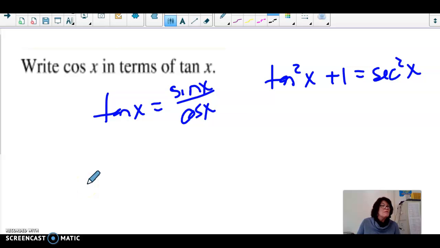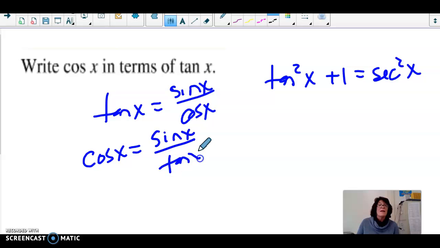So here, if I write cosine x, I would multiply both sides by cosine. Cosine x equals sine x over tangent. I know that, right? That didn't get me what I wanted. I didn't write cosine in terms of just tangent. So I was using my quotient identity, but I can't get rid of the sine word.